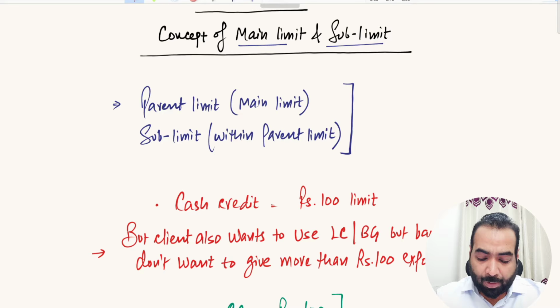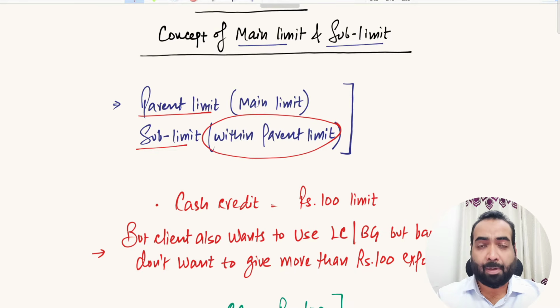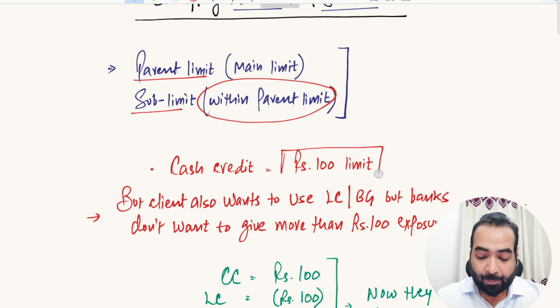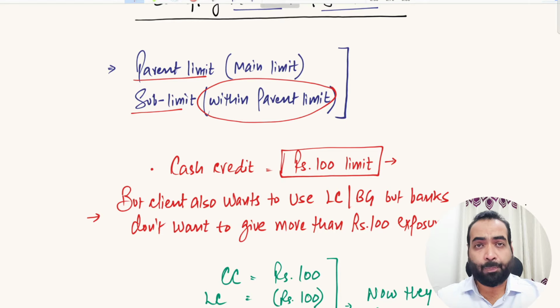What is this concept? The main limit is also called your parent limit, and the sublimit is within your overall parent limit. Now what do I mean by this? Suppose you have been sanctioned a cash credit facility of rupees 100. That means the bank is ready to take loan exposure up to rupees 100 on you, right?